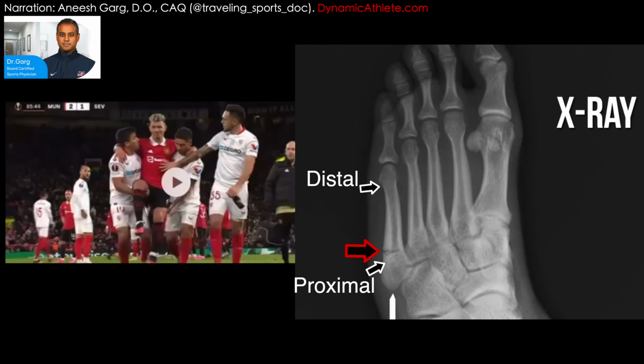The proximal fifth metatarsal has the least amount of blood supply and therefore has the highest risk of not being able to heal, what is called a non-union fracture. The further away you get from the base of that fifth metatarsal, the better the blood supply, and the higher the likelihood of the bone healing on its own because of the nutrients supplied from the blood.